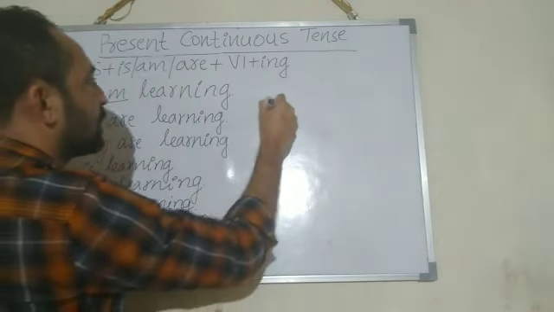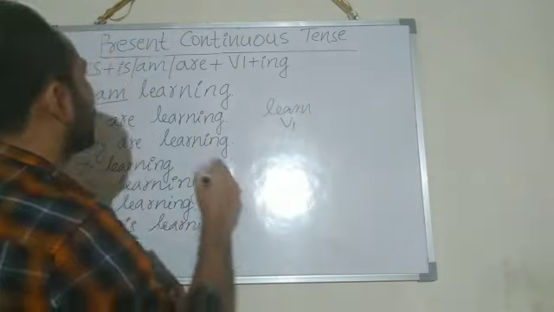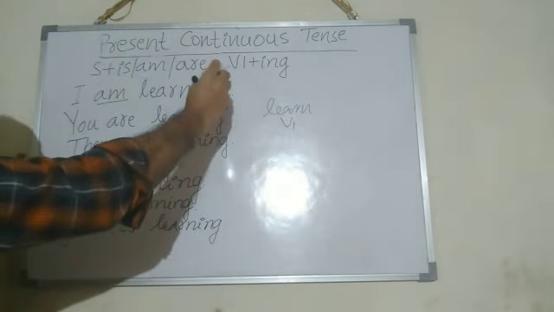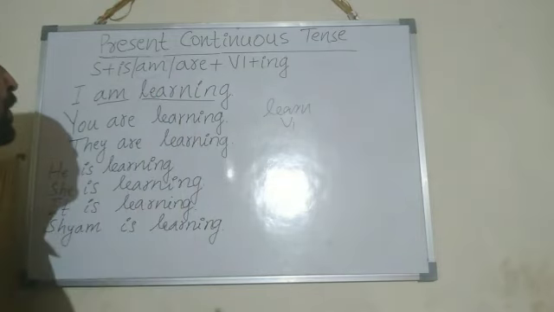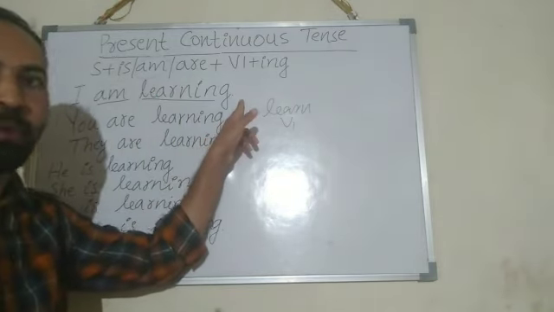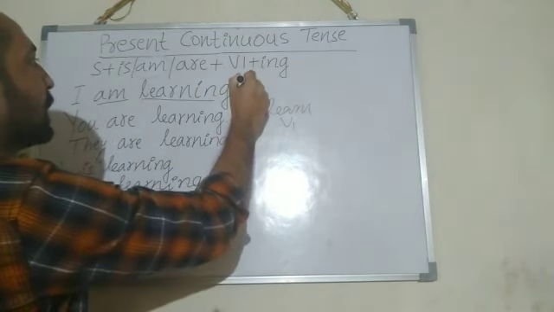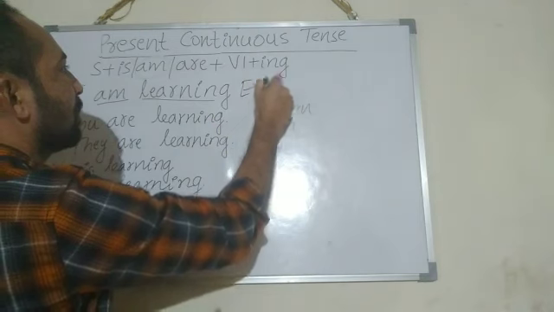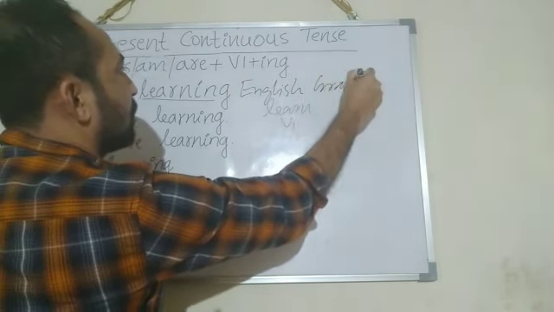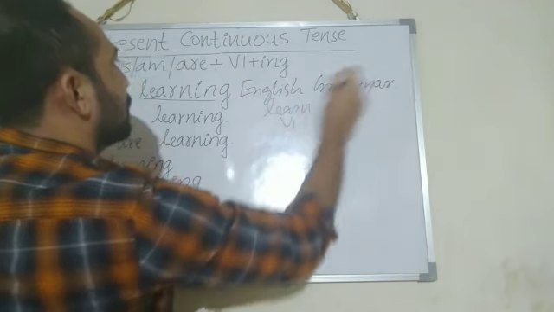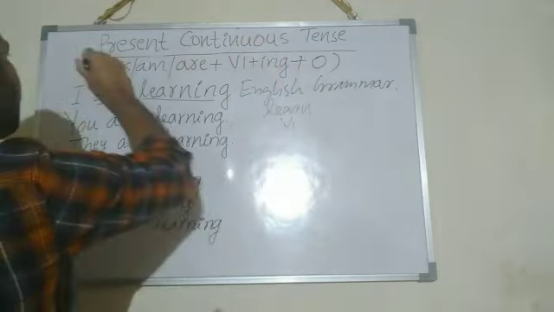Learn is the V1 verb. So as per the rule, V1 plus ing form. So learning comes here. If you want to add an object, you can write here, I am learning English grammar.